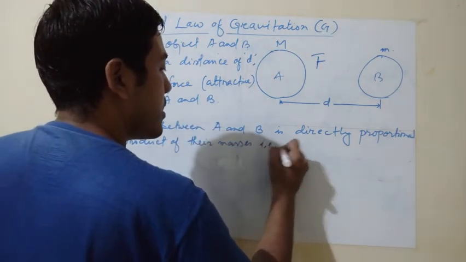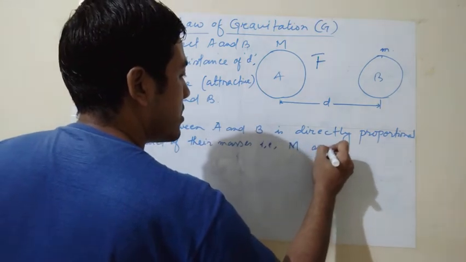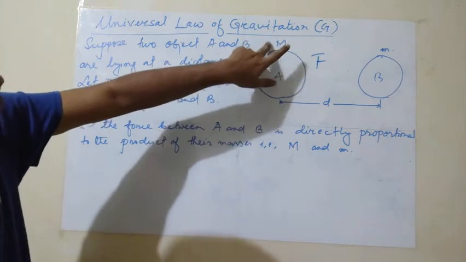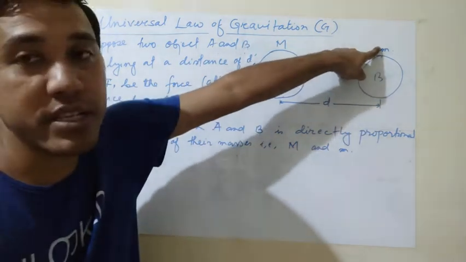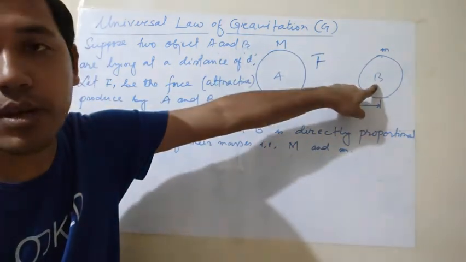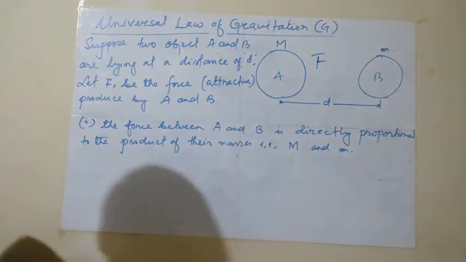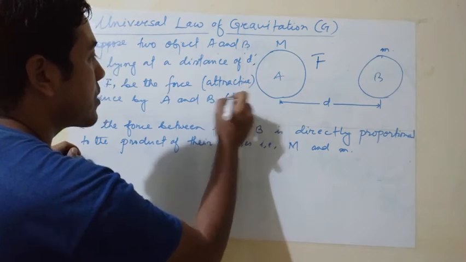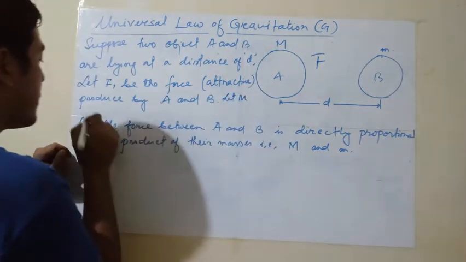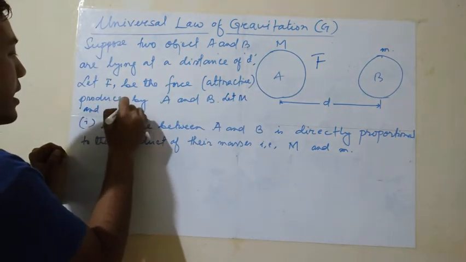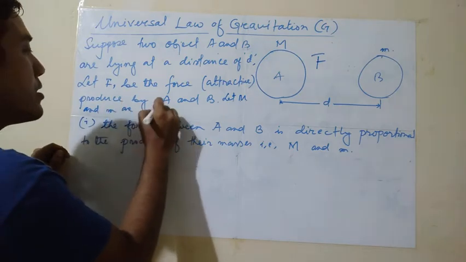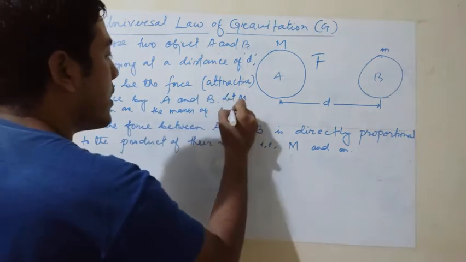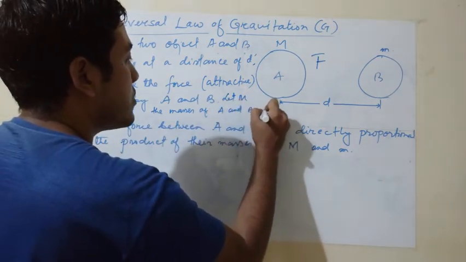That is M and small m. Capital M is the mass of A, small m is the mass of B, or you can mention: let M and m be the masses of A and B respectively.